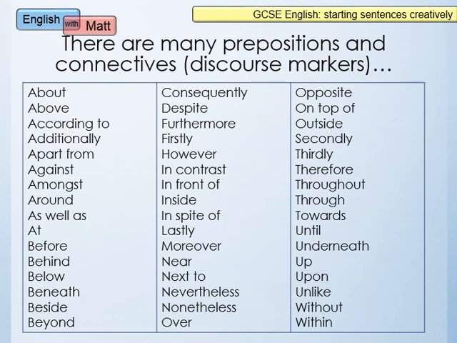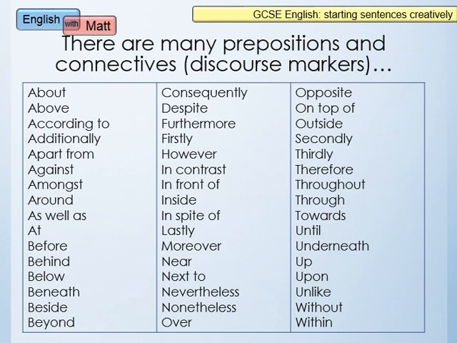First thing I want to show you is a list of prepositions and connectives. Some of these you might already be familiar with, but these are an effective way of beginning your sentences, or some of them, because it shows that you can sequence and link your sentences together.